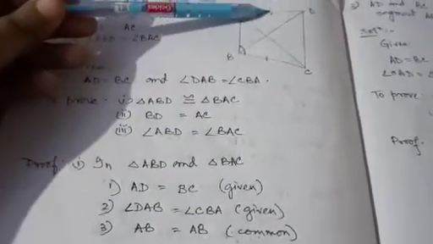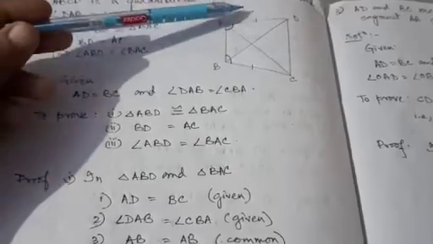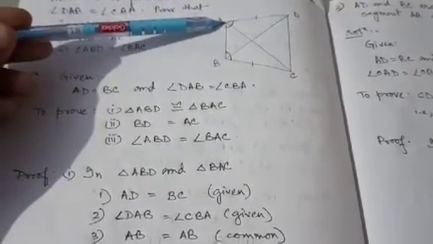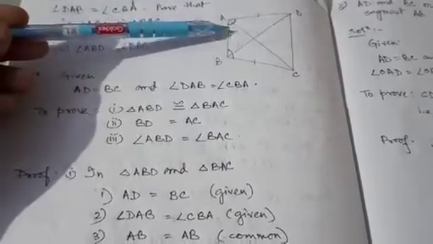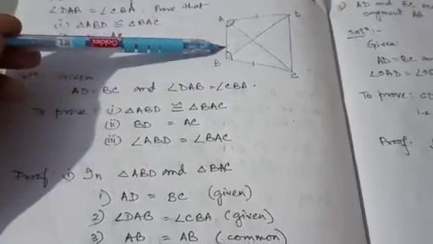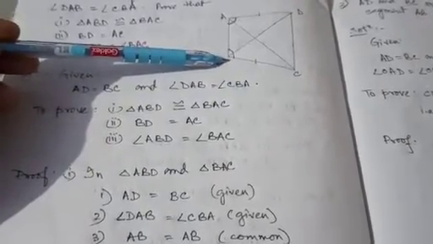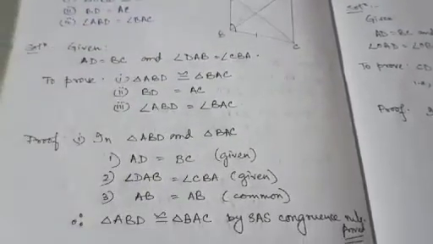If you consider triangle BAD, you can see AD and AB are the sides and the included angle is angle A. For triangle ABC, AB and BC are the sides and the included angle is B. So the triangles are congruent by side angle side congruency rule.